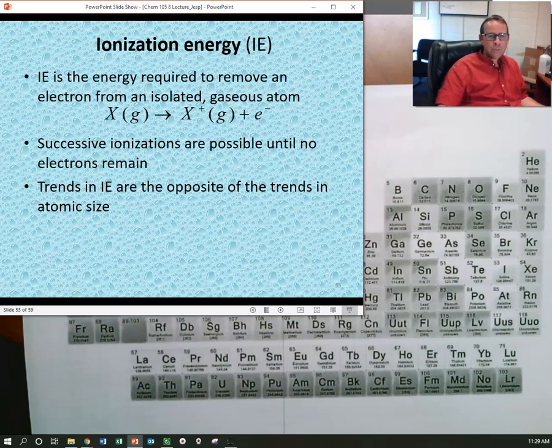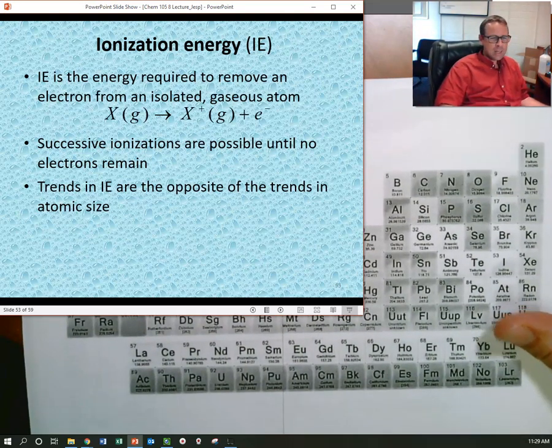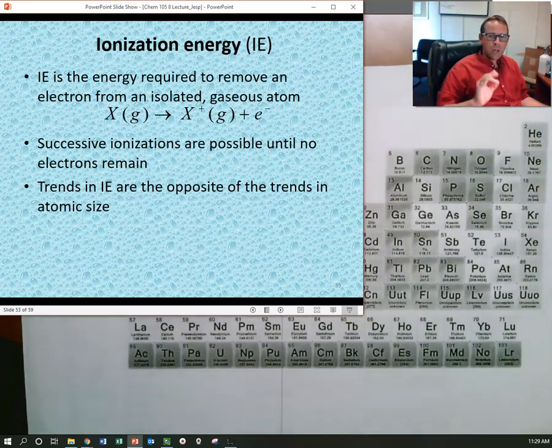It's going to aggravate them and raise their energy level. And so it will always require energy to remove an electron from an atom. Okay, can everybody kind of imagine that? It's always going to require energy to remove an electron from an atom.